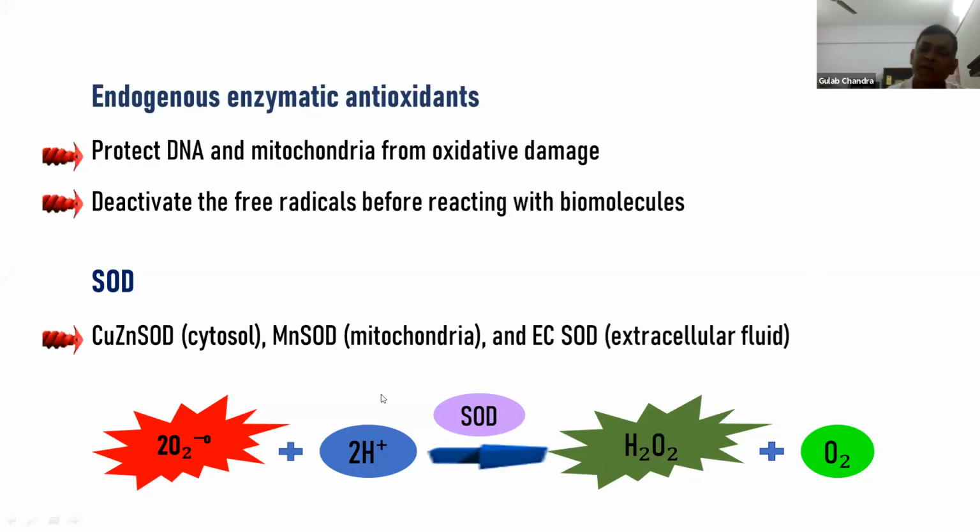Superoxide dismutase is very important to neutralize the superoxide free radicals into hydrogen peroxide and oxygen molecules.